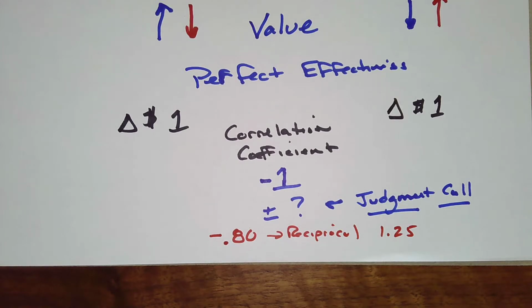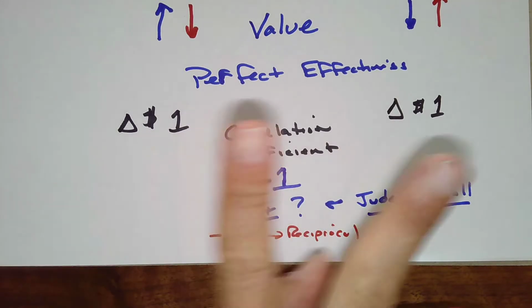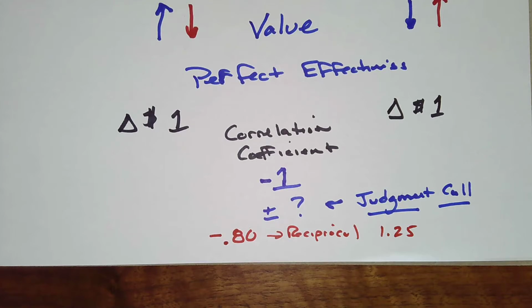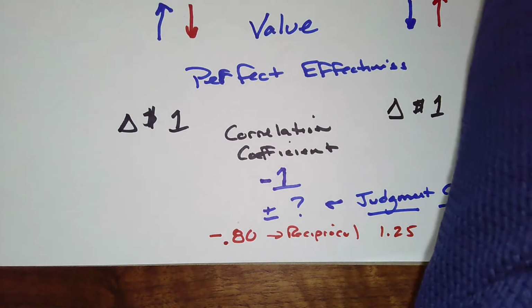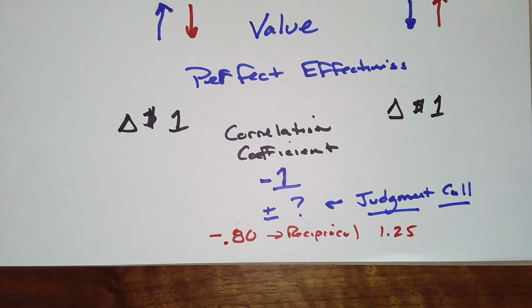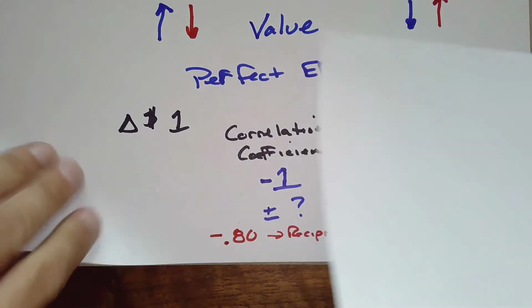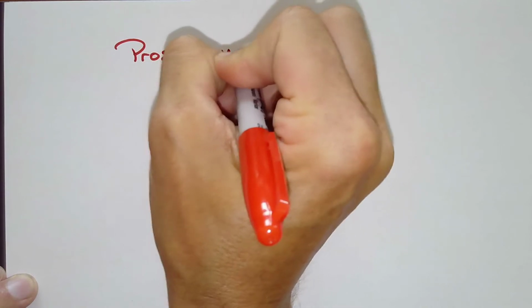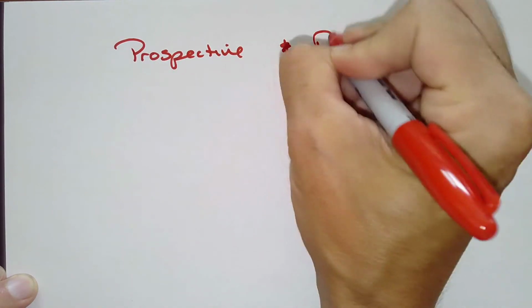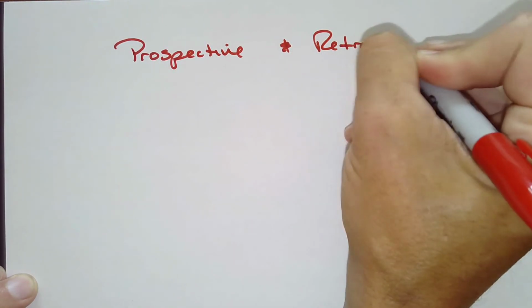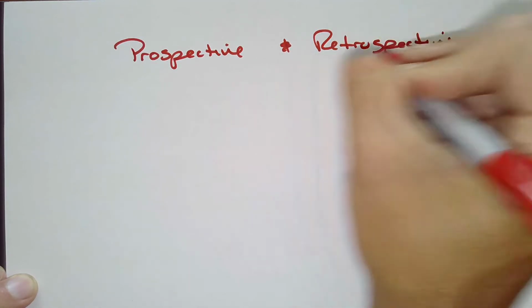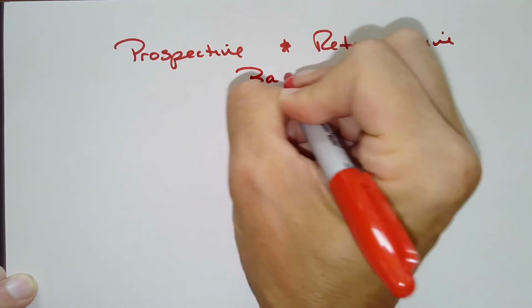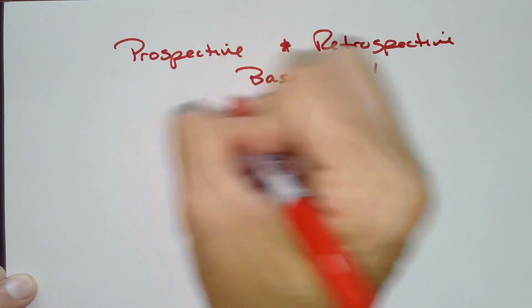Oh, and by the way, effectiveness has to be measured two different ways. Effectiveness has to be measured both on a prospective and retrospective basis. Okay?